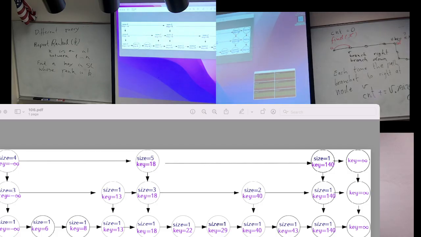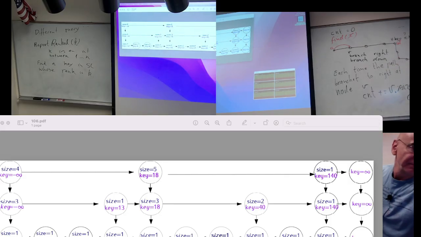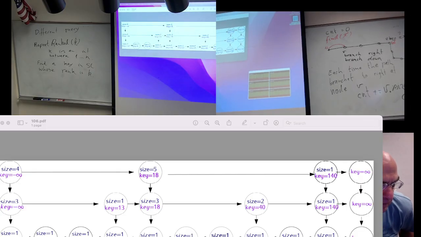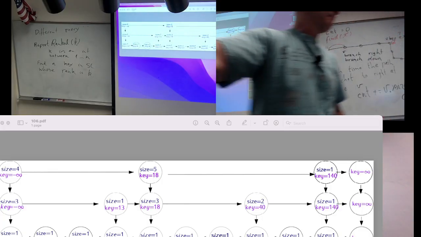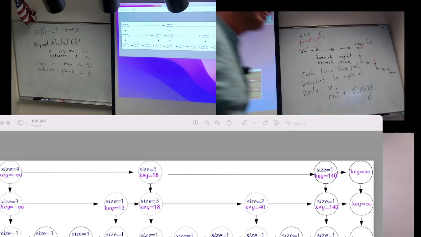Yeah, the right side we can't see. The right side, what about the right side? Now you see the right side. All the way up to, okay, I see. Oh, okay.